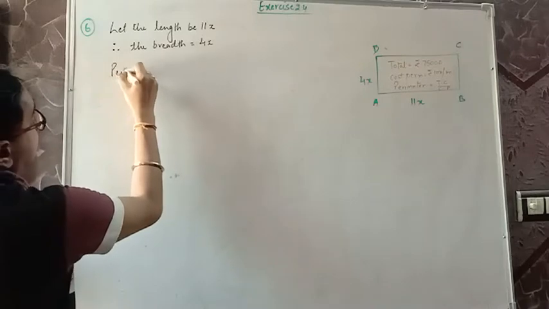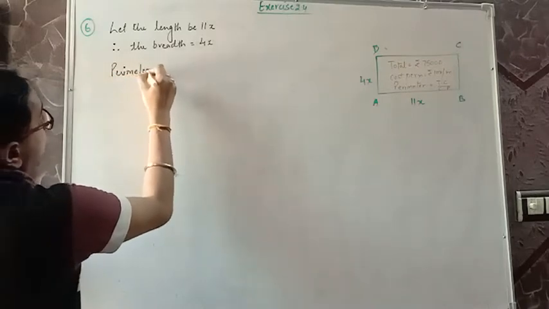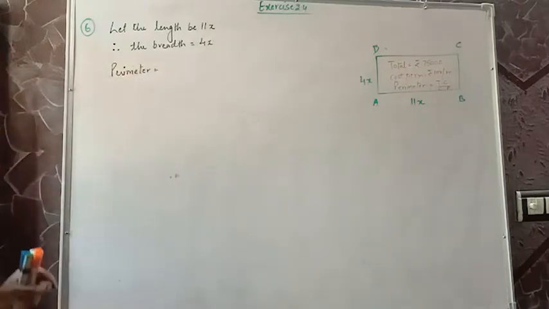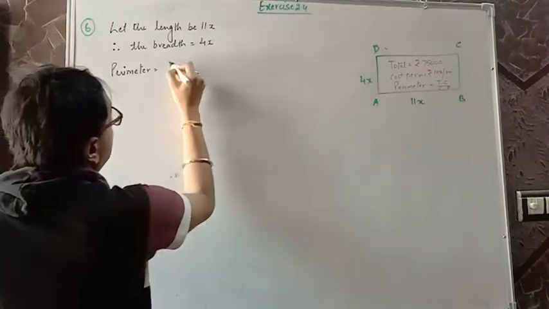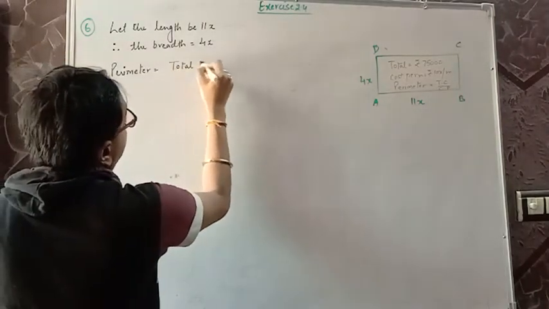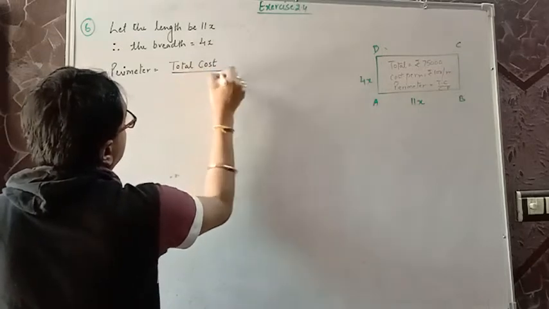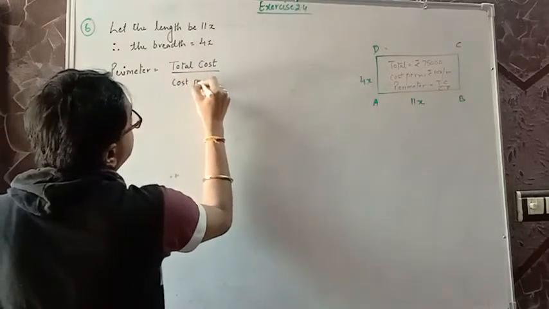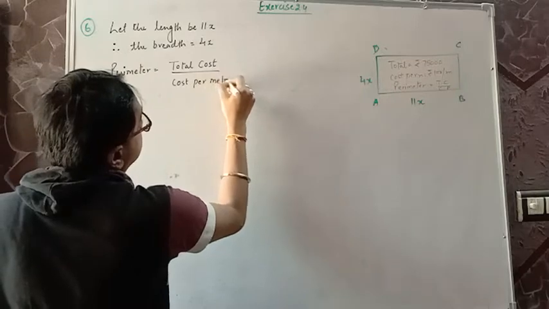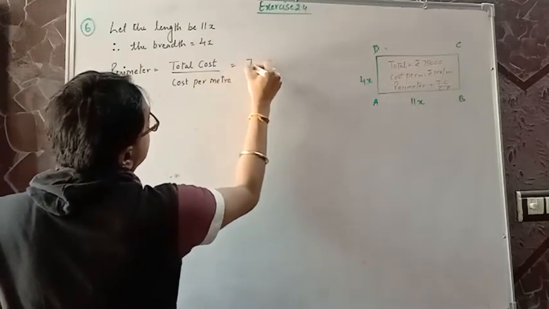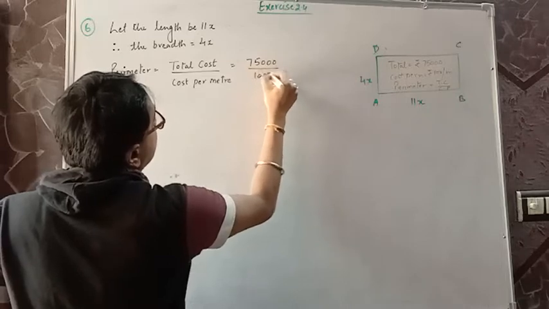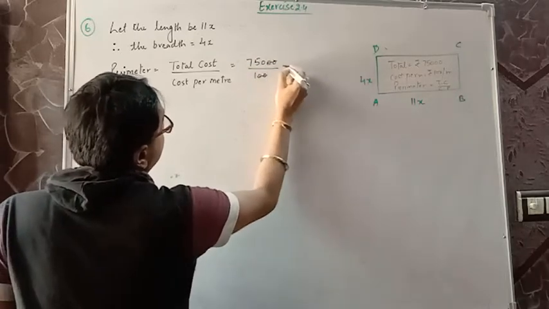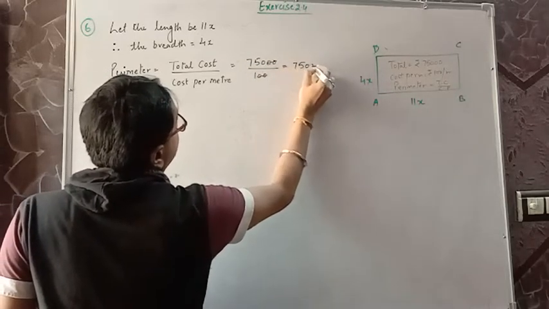I told you simply, whenever total cost and cost per meter are given, we can apply the formula of perimeter. Perimeter is equal to total cost upon cost per meter. So what is the total cost? Total cost is 75,000 and cost per meter is 100. Therefore, the perimeter is 750 meter.